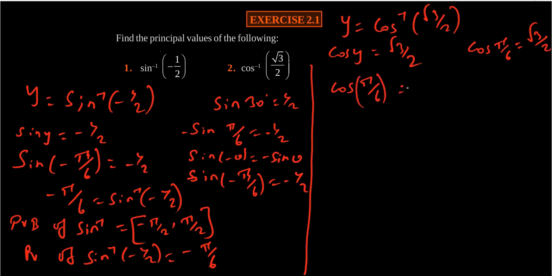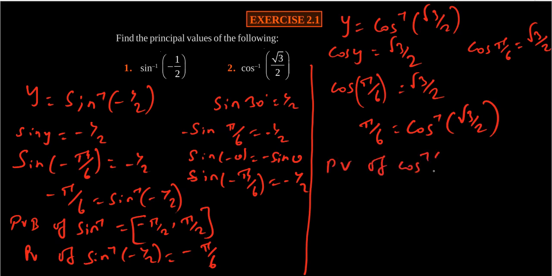So, cos pi by 6 is root 3 by 2. If we bring cos here, pi by 6 equals cos inverse of root 3 by 2. So, the principal value of cos inverse of root 3 by 2 is pi by 6.